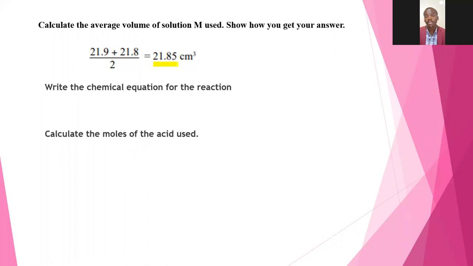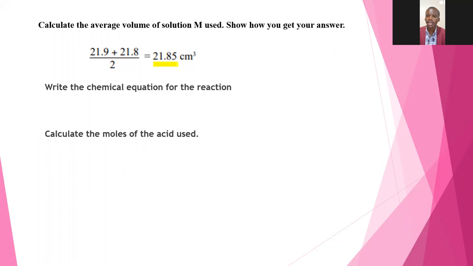Then write the chemical equation. You write the chemical equation of what is in the burette plus what is in the conical flask. What is in the conical flask is what is reacting with what is in the burette.